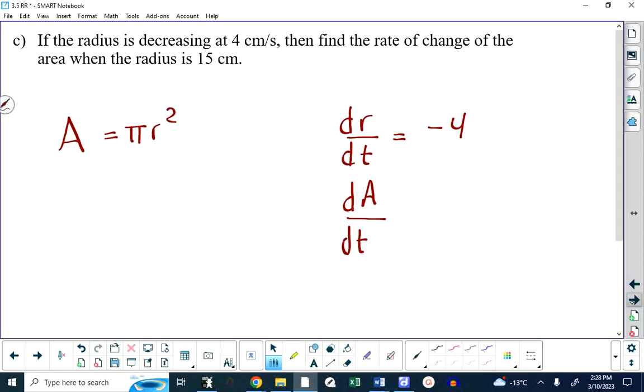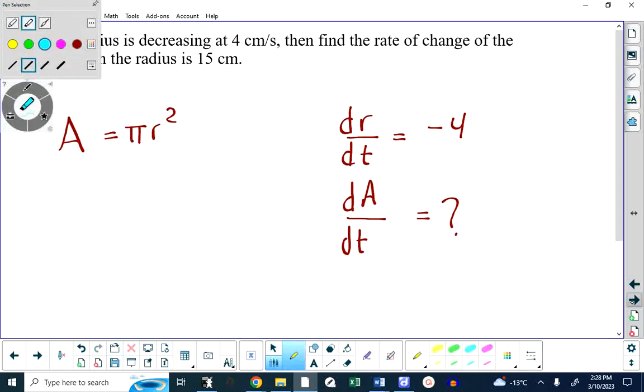Just imagine that this question stood on its own merit, and it just said, a circle's radius is decreasing at 4 centimeters per second. What is the rate of change of the area when the radius is 15? What you would do is you would say that I have a rate of change that I know, and I have a rate of change that I want to find, and then you would say, what are the variables involved?